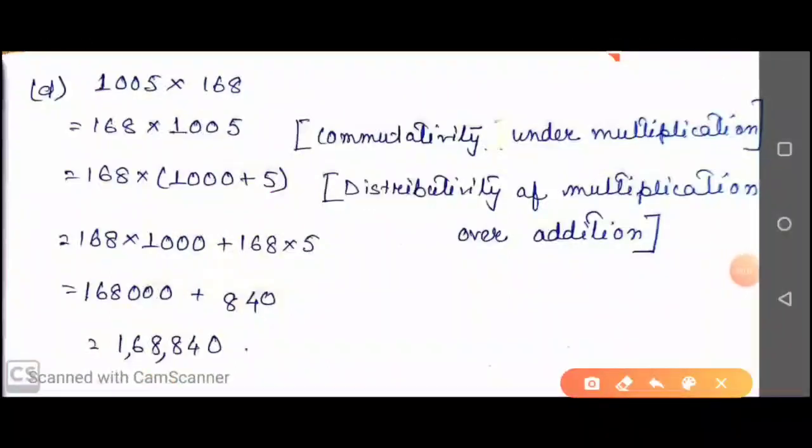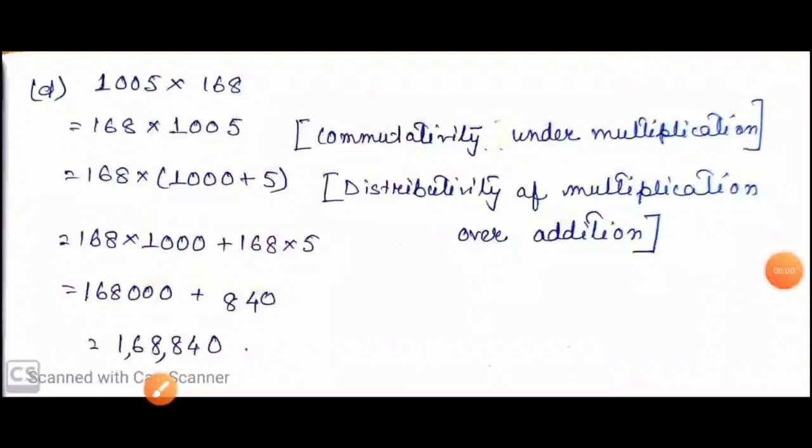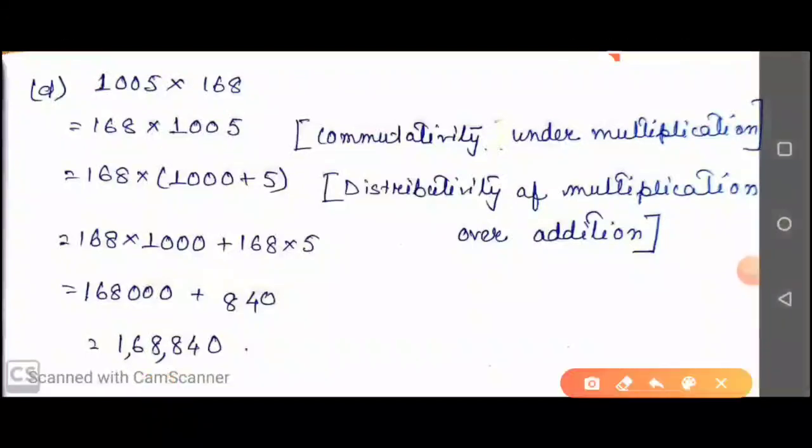This is question number D of question number 4 of exercise 2.2. Here it is given 1005 into 168. So from here it will be easier for us if we break 1005. So first of all we will write 168 into 1005.